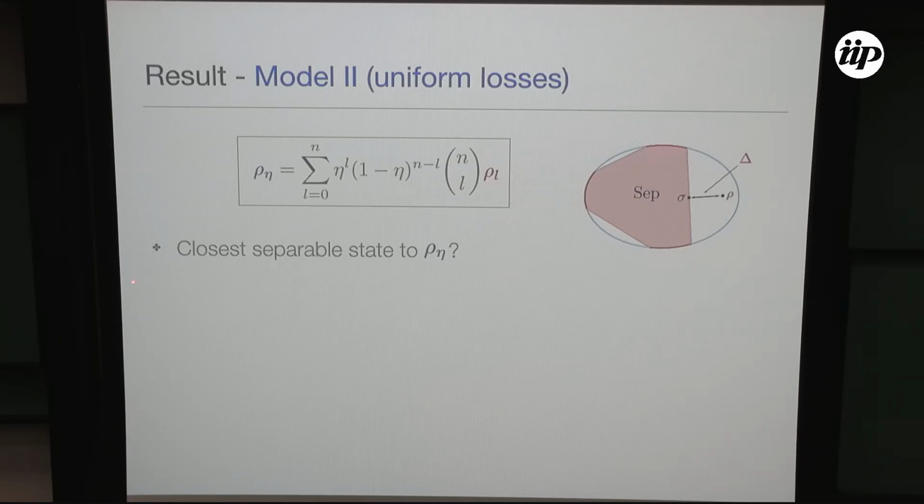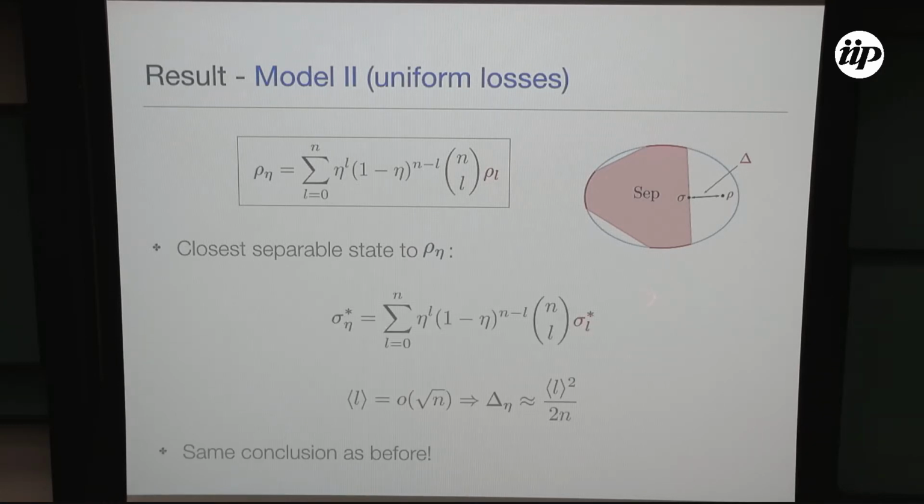We are now asked, what is the closest separable state to this one? And the answer is, in the same way that this is a binomial distribution over these states, the closest separable state is just going to be a binomial distribution over the separable states that we were describing before, that we were using to simulate before.